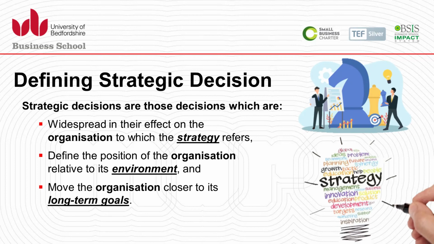It moves the organization closer to its long-term goals. That is how we make strategic decisions, where the organization has to achieve not just short-term and mid-term, but also long-term objectives and goals.